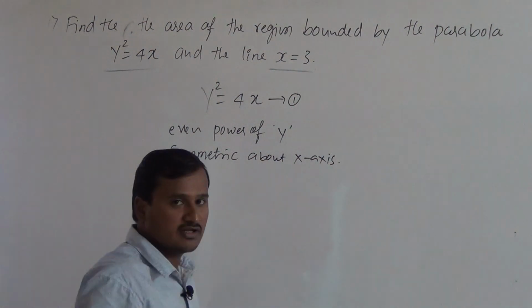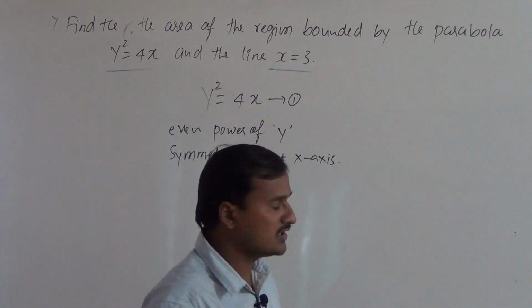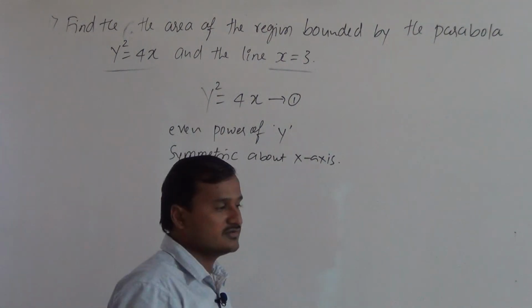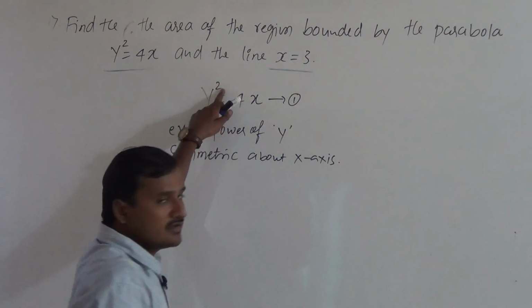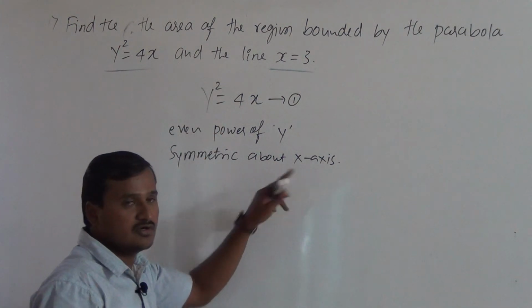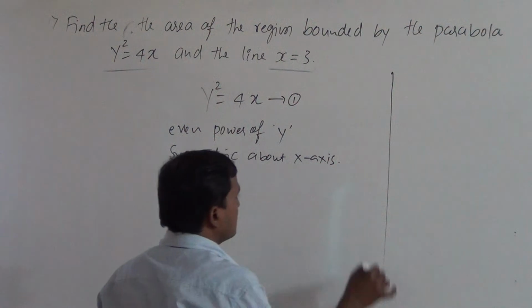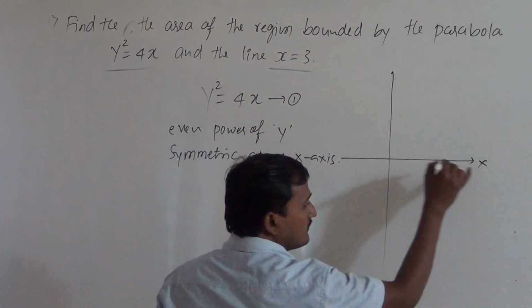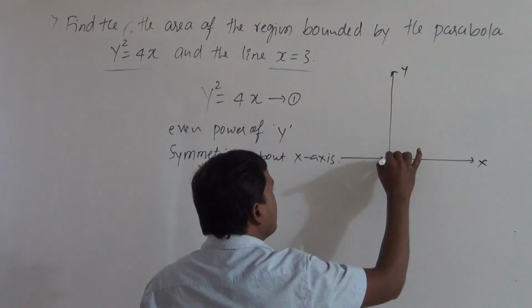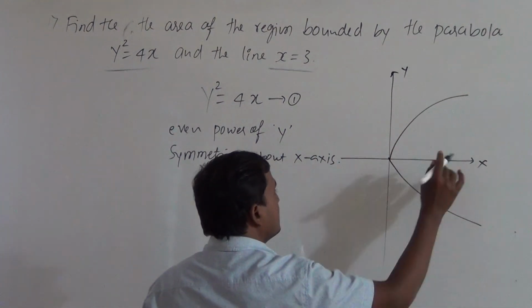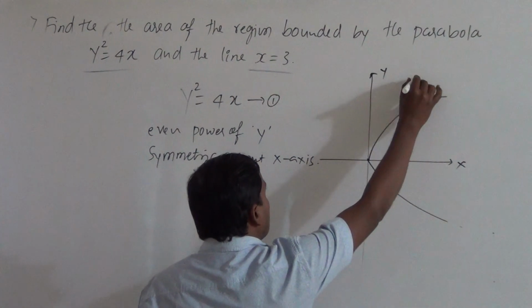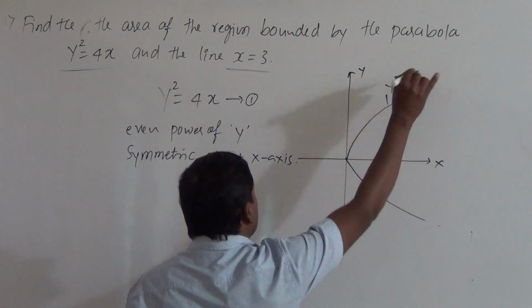So you already know the properties of symmetry of a curve: if it is an even power of y, then it is symmetric about the x axis, right? So here it is like this, x, and here it is y, like this, right? So clearly it is y square is equal to 4x, right?